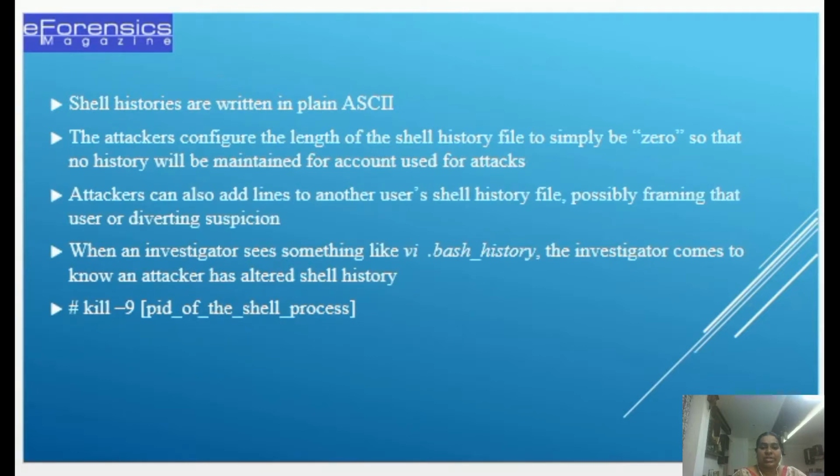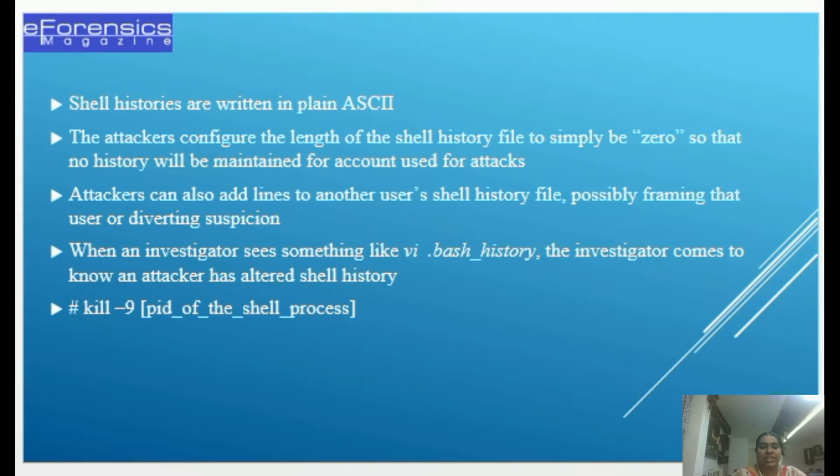Like standard Unix log files, shell histories are written in plain ASCII. They can easily be edited using the attacker's favorite text editing tool. Attackers may configure the length of the shell history file to simply 0 so that no history will be maintained for the account used for attacks.